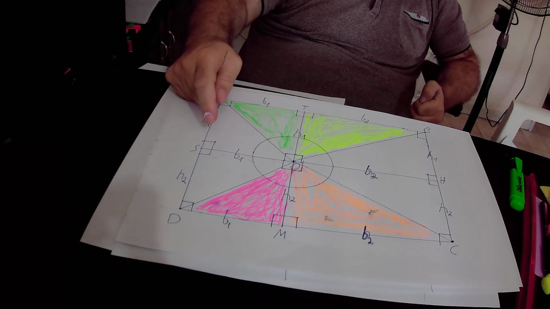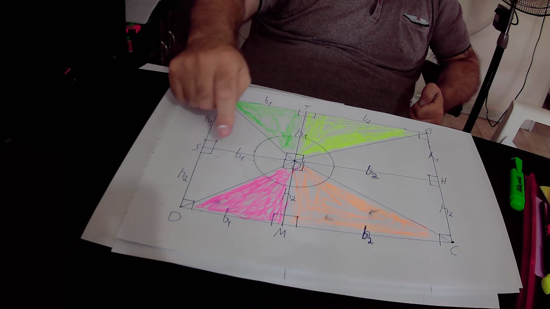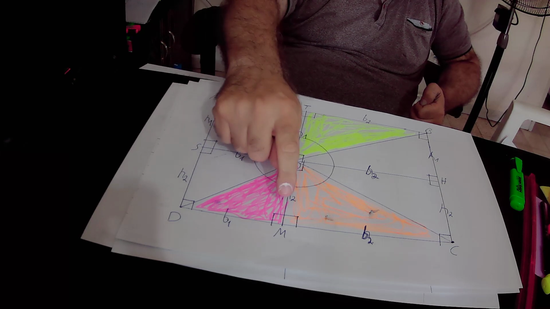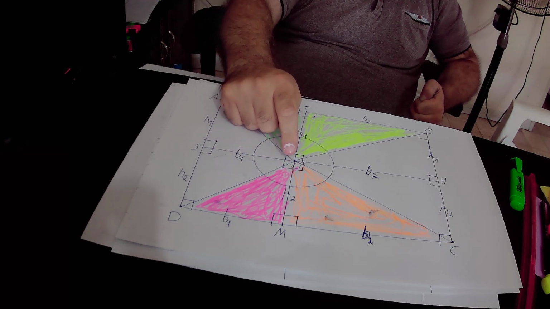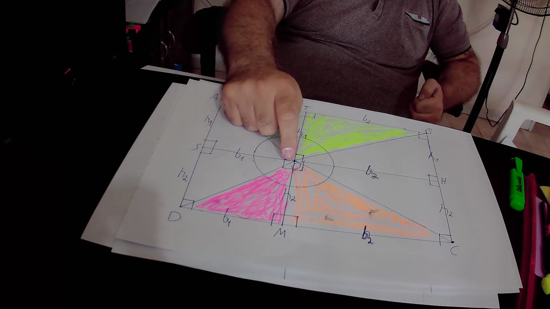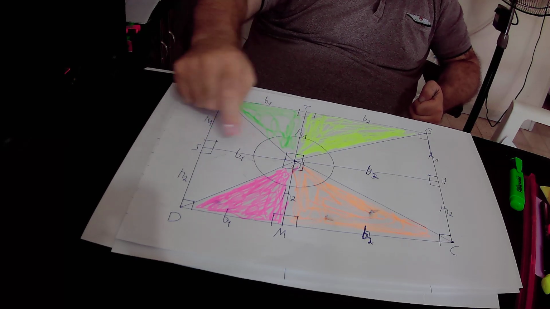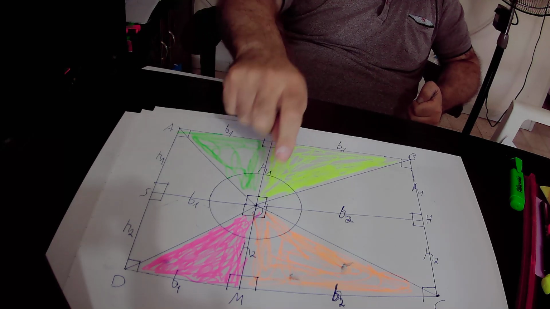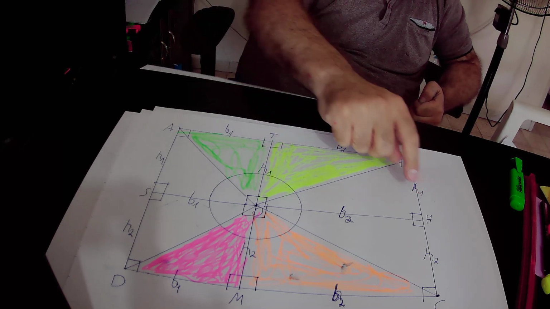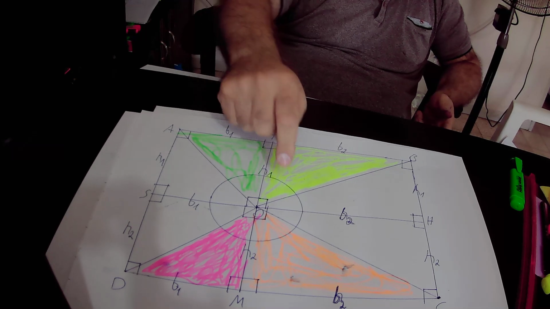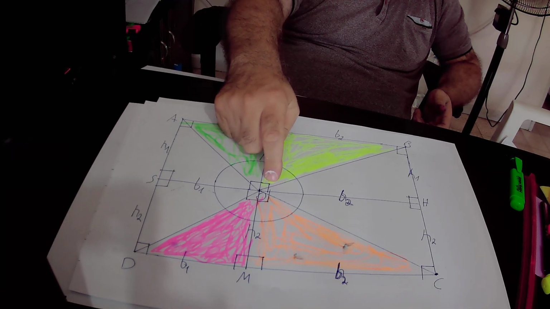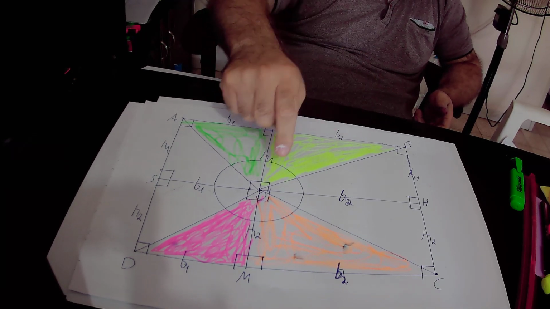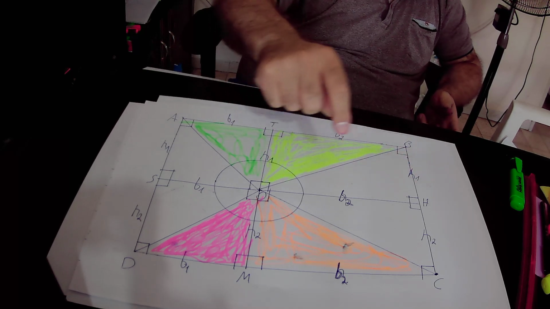Likewise, in quadrangle SODM, we have 1, 2, 3 right angles. Therefore, the fourth angle must also equal 90 degrees according to the same rule. Therefore, quadrangle SODM is a rectangle. Likewise, in quadrangle TBOH, we have 1, 2, 3 right angles. Therefore, the fourth angle must also equal 90 degrees. Therefore, quadrangle TBOH is a rectangle.